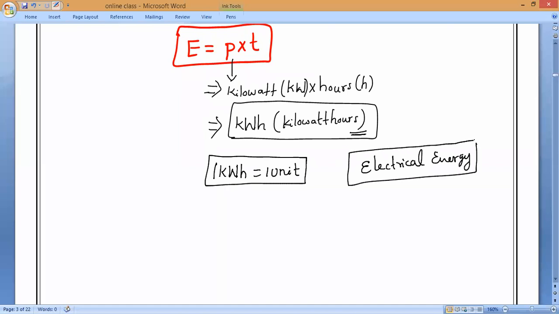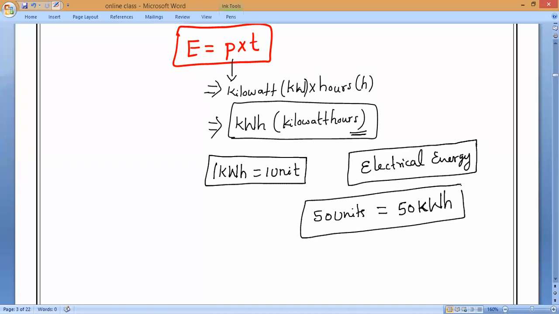That is what the electricity department gives as the electric bill, in the form of units. If I say my house consumed 50 units, it means 50 kilowatt hours have been consumed. If I say 100 units, it is 100 kilowatt hours. That is the meaning of units. So 1 unit is equal to 1 kilowatt hour.